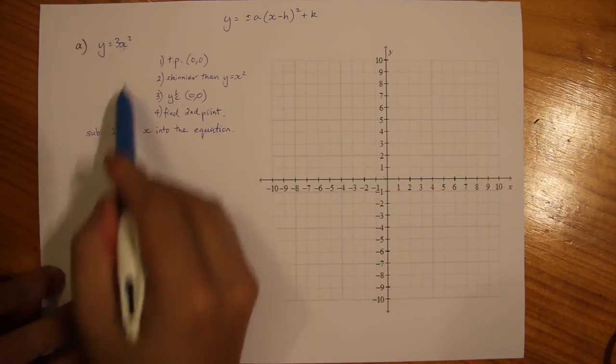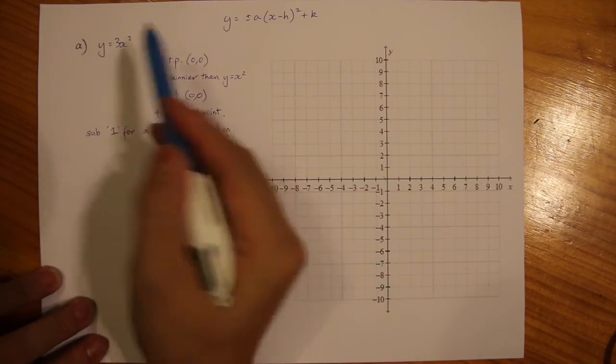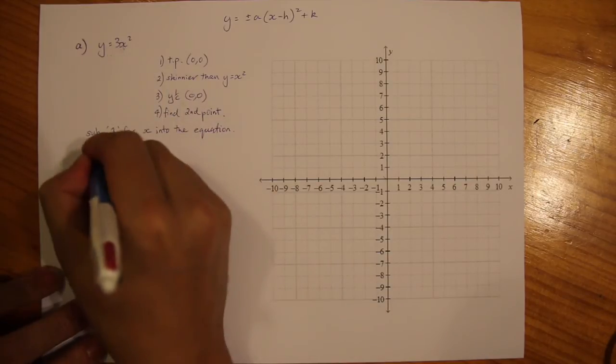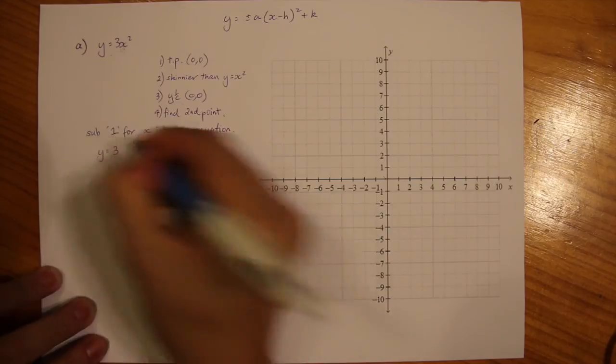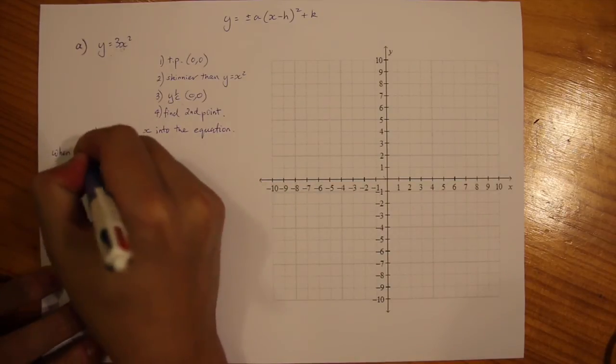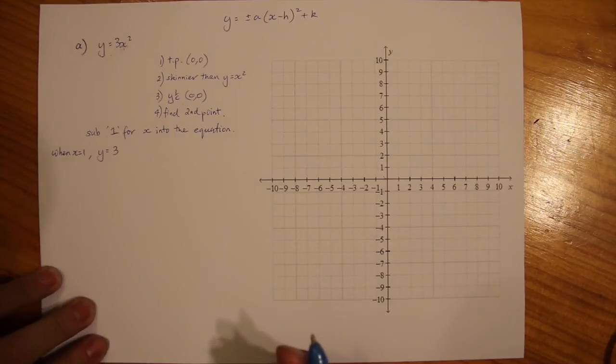If x is 1, 1 squared is just 1. 1 times 3 is 3. So when x equals 1, y equals 3.